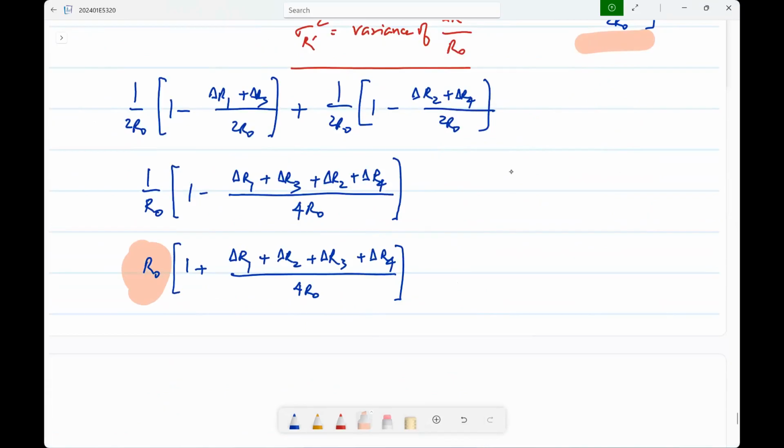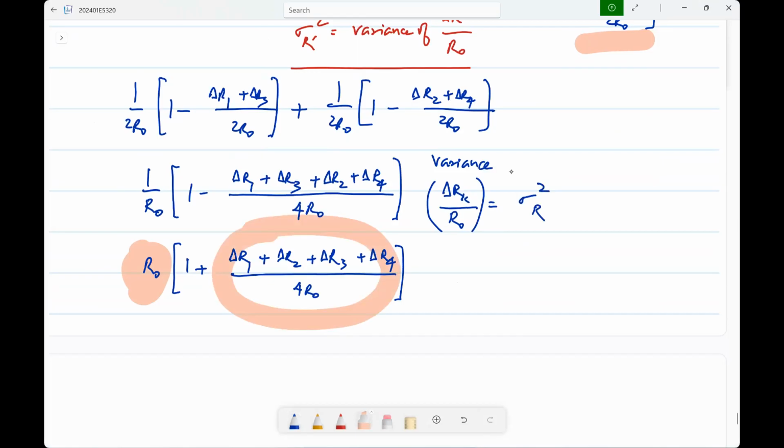And each of these, the variance is sigma R square. So what is the variance of this quantity? Again, each resistor is uncorrelated from the other. The error in each resistor is uncorrelated from error in other resistors. So the variances add up.